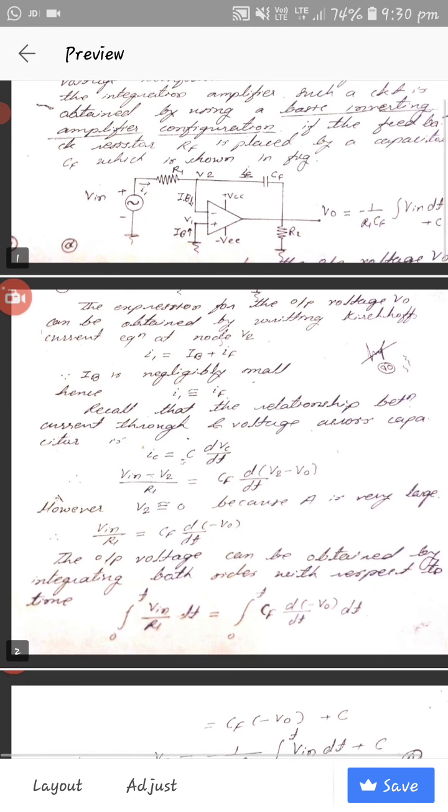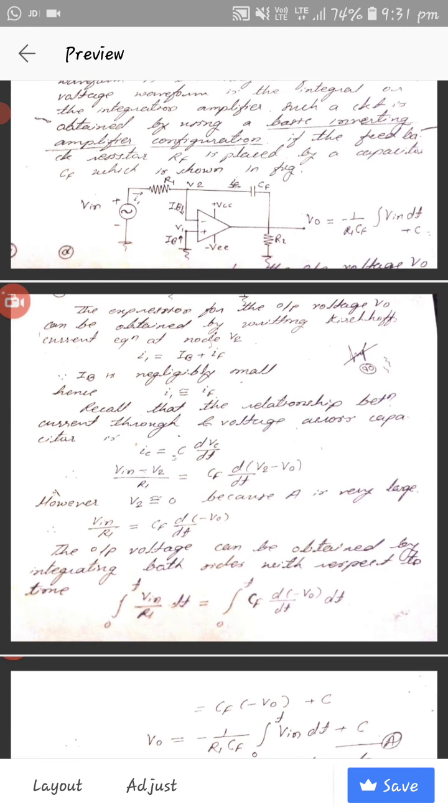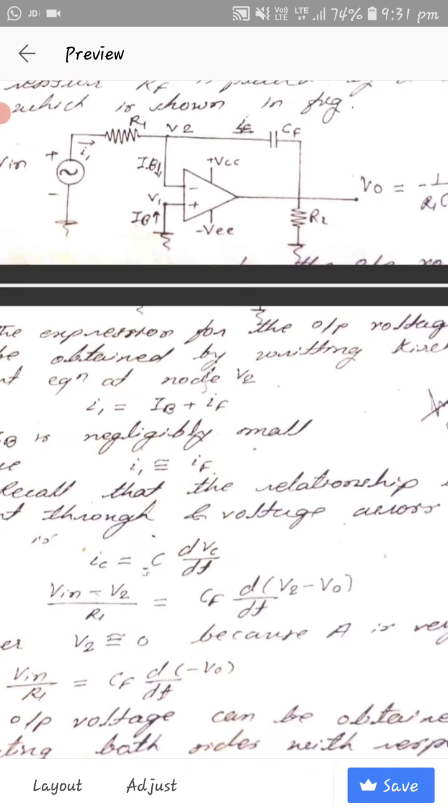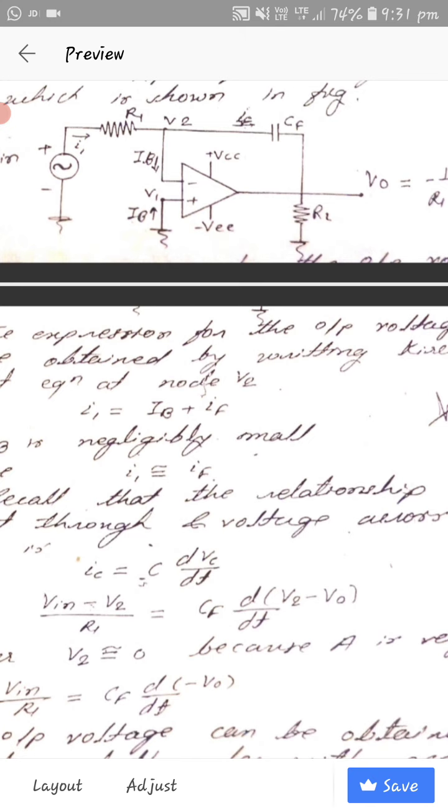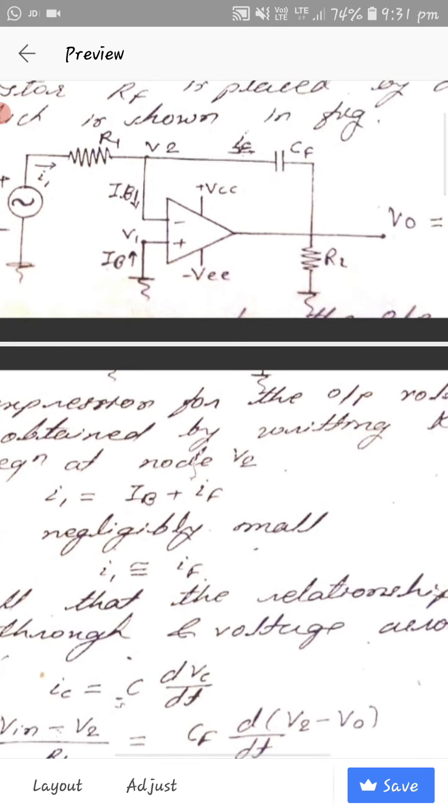The expression for the output voltage V0 can be obtained by writing Kirchhoff's current equation at node V2. In this diagram there are two nodes, V1 and V2. V1 is the non-inverting terminal and V2 is the inverting terminal.